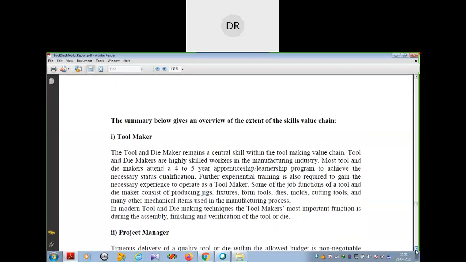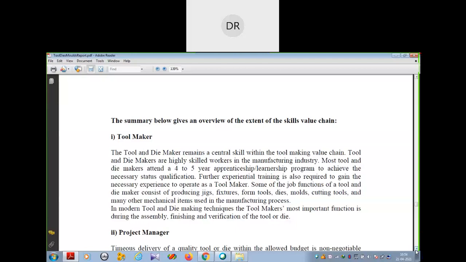Okay. The tool and die maker remains a central skill within the tool making value chain. Tool and die makers are highly skilled workers in the manufacturing industry. Most tool and die makers attend a 4 to 5 year apprentice learnership program to achieve the necessary qualification. Further experiential training is also required to gain the necessary experience to operate as a tool maker.